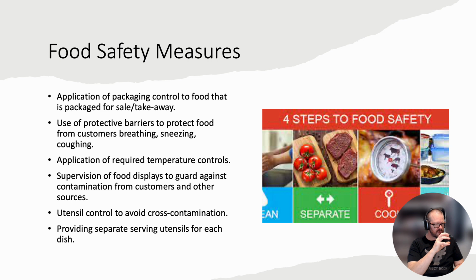We can use proper required temperature controls. We can supervise food displays. We can monitor utensils to avoid cross-contamination. We can provide separate serving utensils for each dish. And we can apply controls to food that is packaged for sale and takeaway.